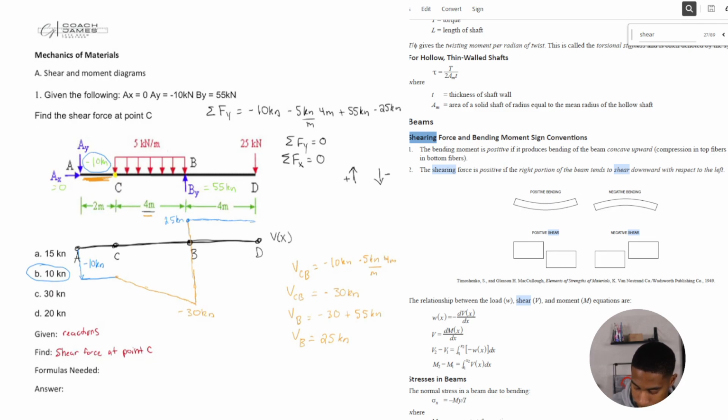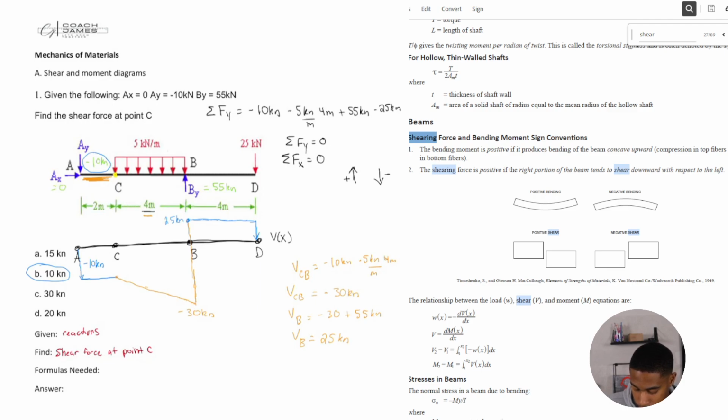And then what happens at the end? Well, it's important to note it should always come back down to 0. So we're at 25 kilonewtons and we have a force that brings us back down at D to our 0 point. So yeah, we're back to 0. This is what our shear diagram looks like.